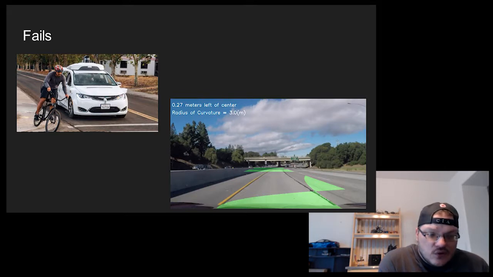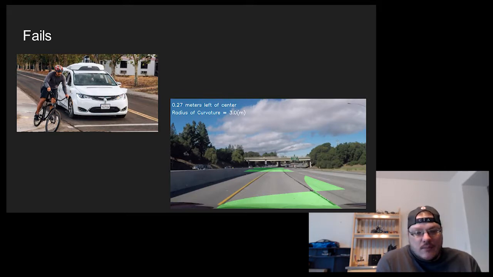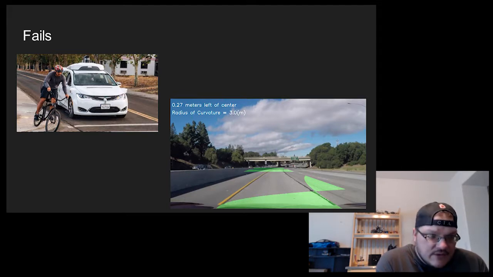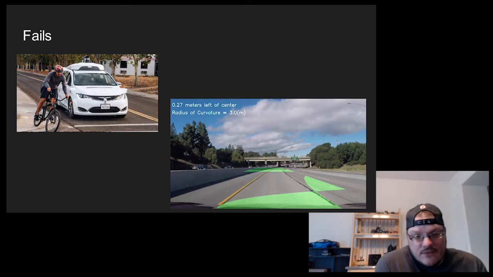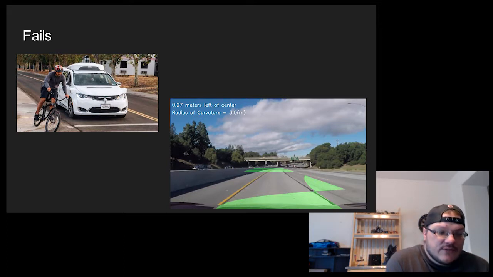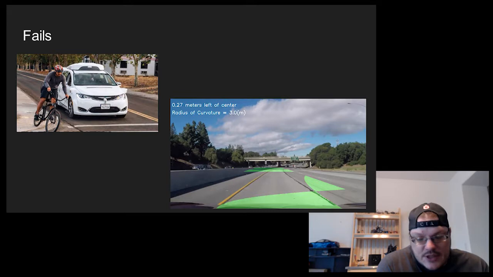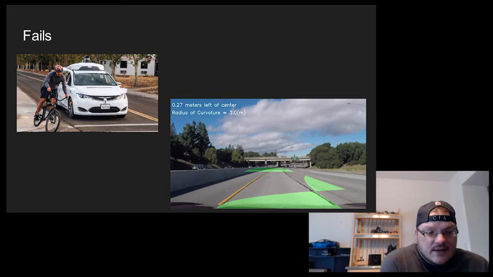The other hurdle is you're talking about creating a map of everywhere a car can potentially drive, which is a huge hurdle. And then you have to store all of this information, and then you have to create machine learning to drive every possible scenario that you can think of. And of course, you can't always think of every scenario.